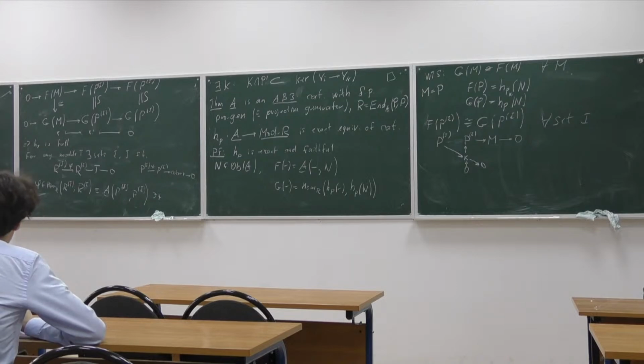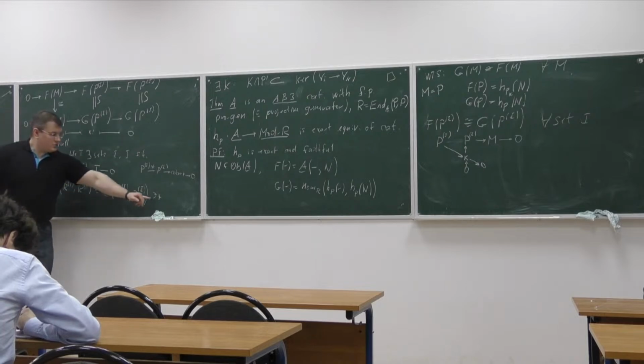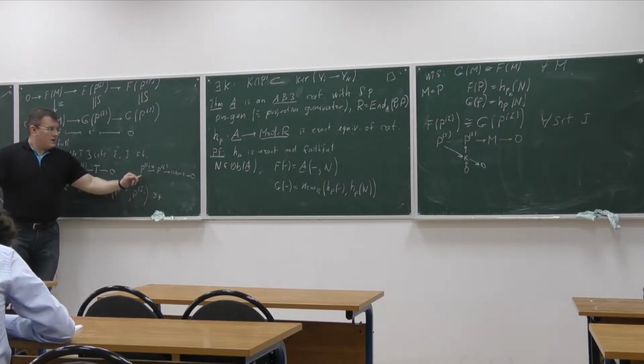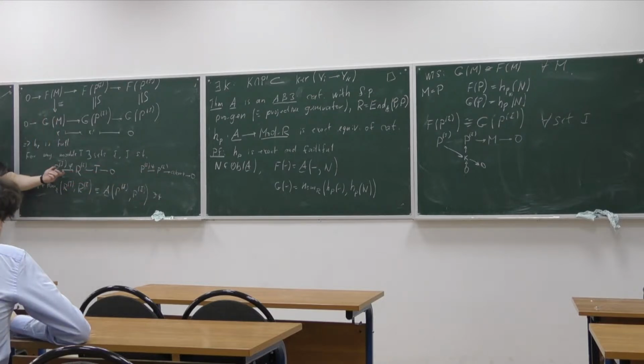But actually we finished the proof, right? I start with any object, choose a presentation, take this presentation, the presenting morphism, find the corresponding morphism in the category A, take the cokernel of this thing. Now if I apply h sub p to this thing, I'll get exactly this diagram.